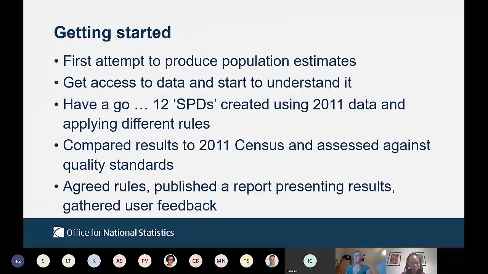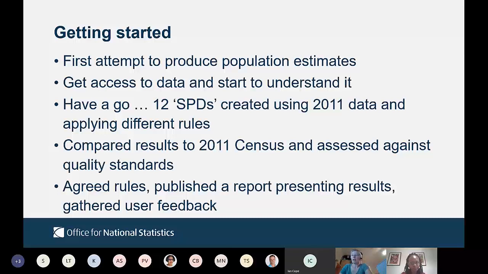In getting started on our journey, we had a sort of first attempt to produce some population estimates. We'd got hold of a variety of admin sources, some of which we already had in the office, and we'd spent quite a lot of time trying to understand those individual sources and how they related to the population individually. Also trying to work out how we could link data sets together, the variables that we could use to do that.